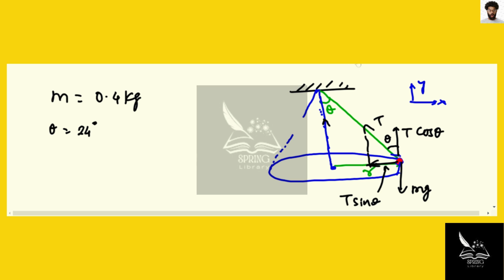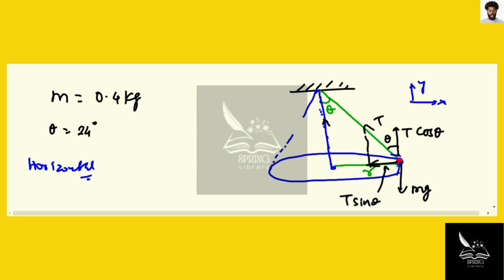Let us use Newton's law in the vertical as well as the horizontal direction. So in the x direction, that is the horizontal direction, there is only one force, T sin theta.